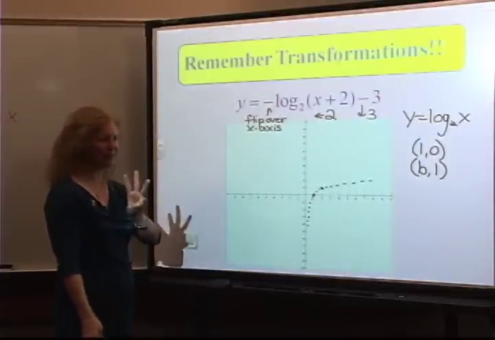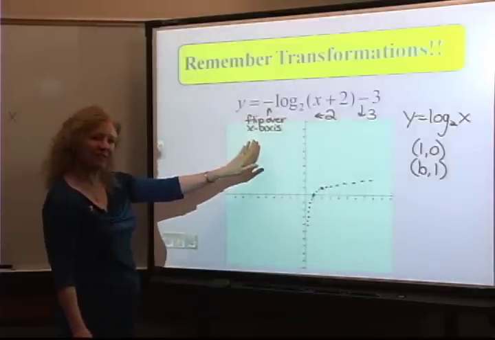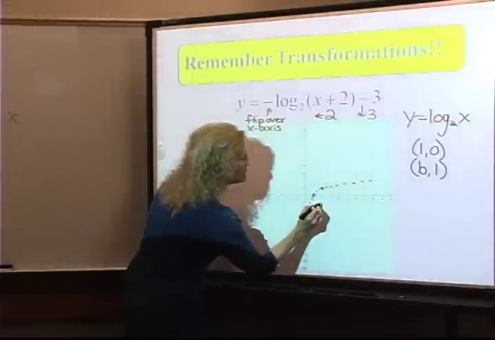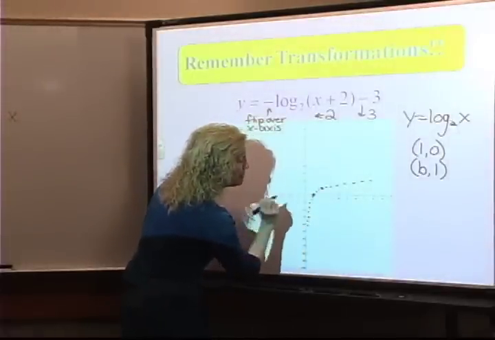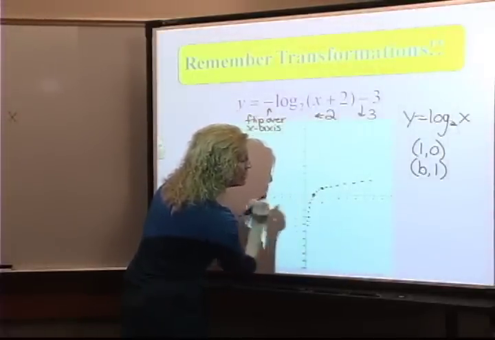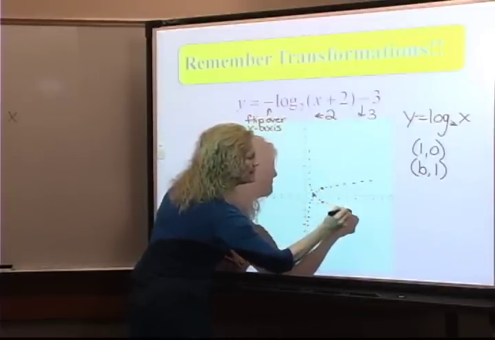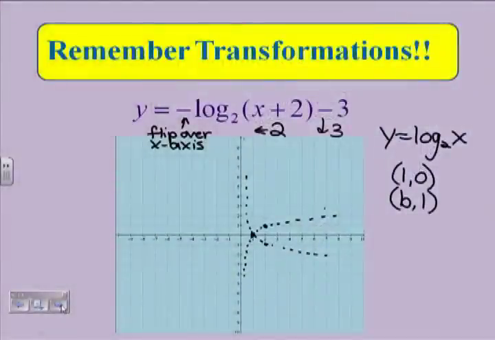Okay, so I got 3 things to do. I would like to first just do the flip. So that point stays put. This point, 2, 1, goes to 2, negative 1. And here is my second graph. This is my first. This is my second.